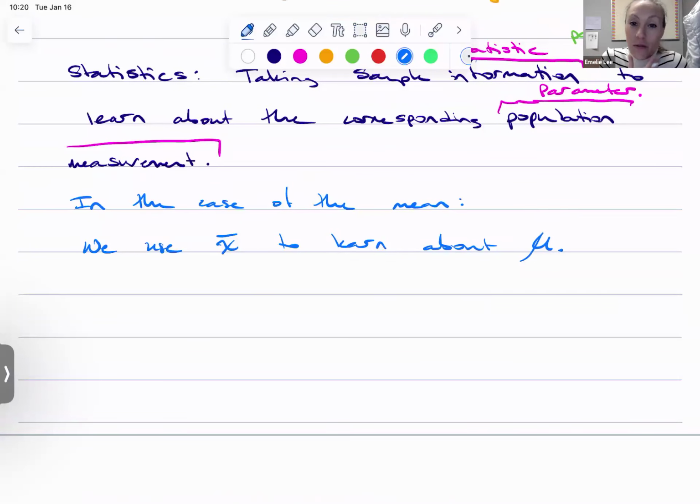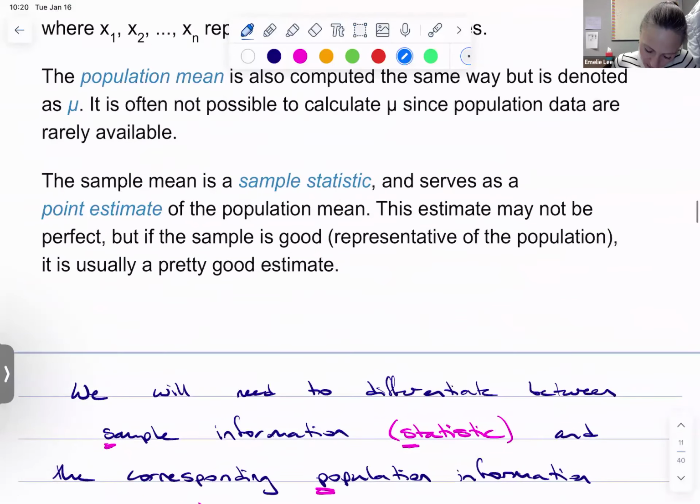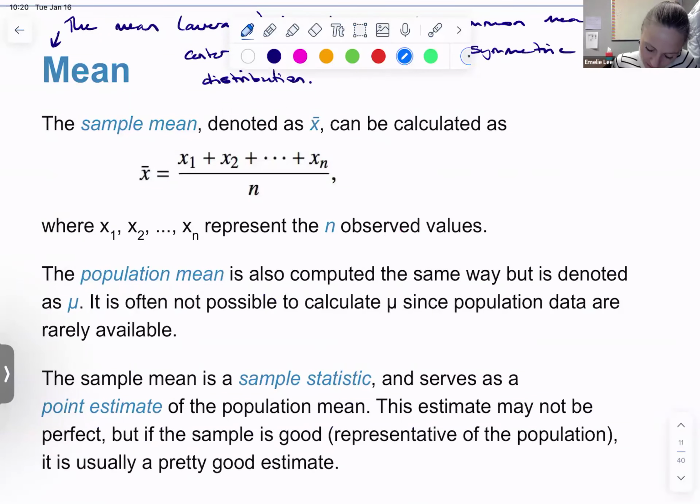If I gave you a set of numbers and I asked you to find the average of them, what would you do? You would probably add them up and divide by however many items there were. So we'll start there for our formula, but we don't really need the formula.